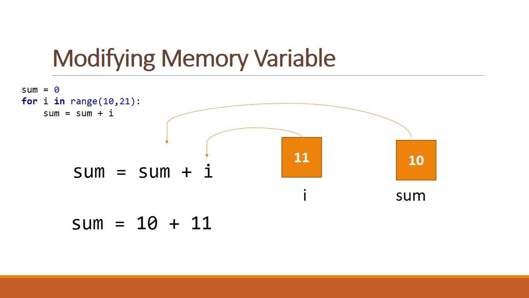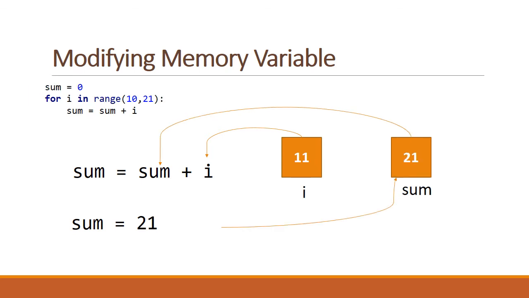So the computer is adding 10 plus 11, or 21. And 21 now is assigned to the memory location sum. So after the second iteration, i is equal to 11 and sum is equal to 21.